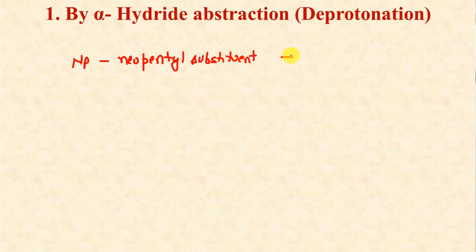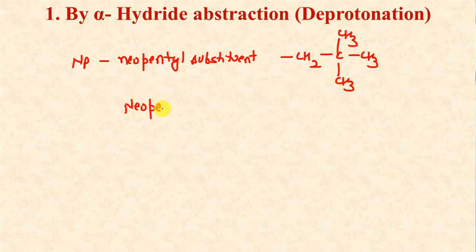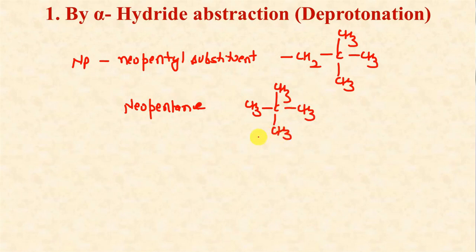And what is the formula of this neopentyl substituent? It is CH2C(CH3)3. It is derived from neopentane, whose formula is C(CH3)4.